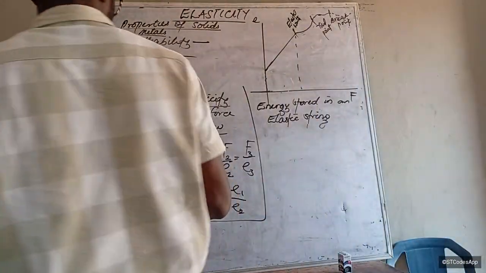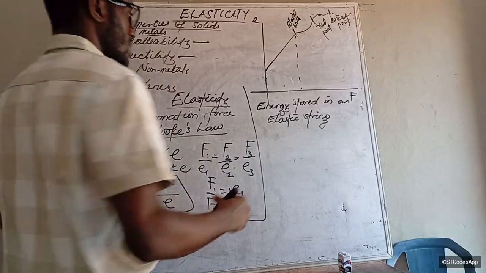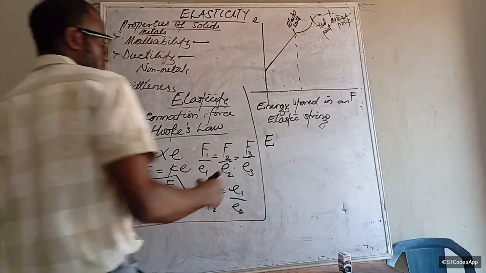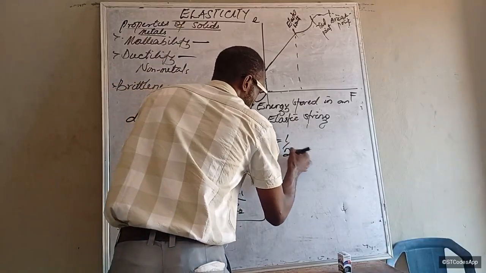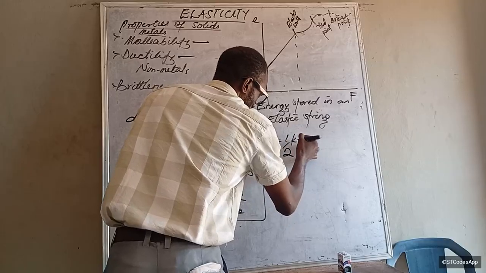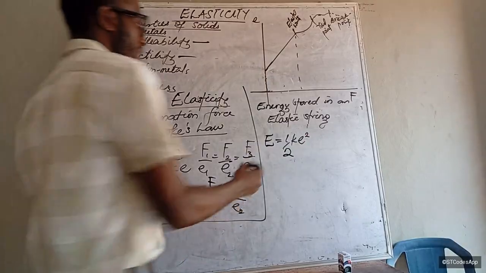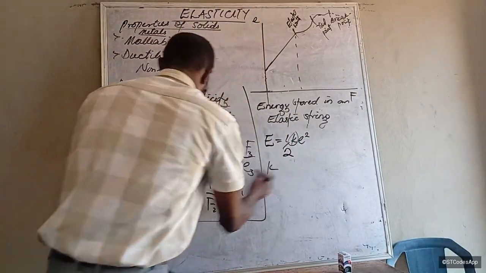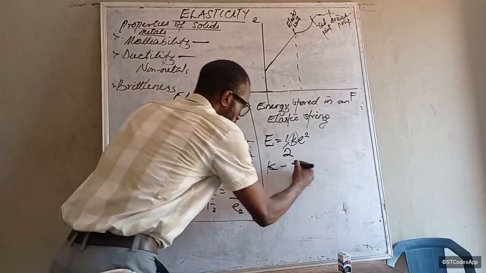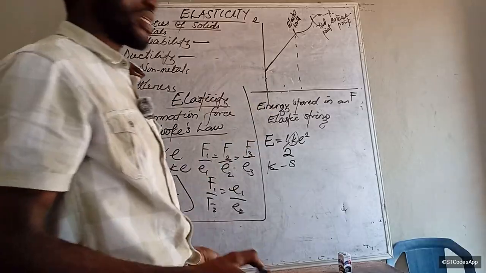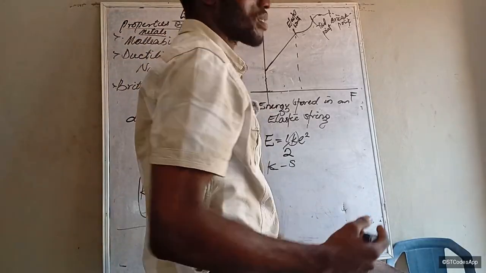Watch this. The energy stored, E, is given by the formula half K e squared, where K is the spring constant. So it's the elastic spring or string constant.